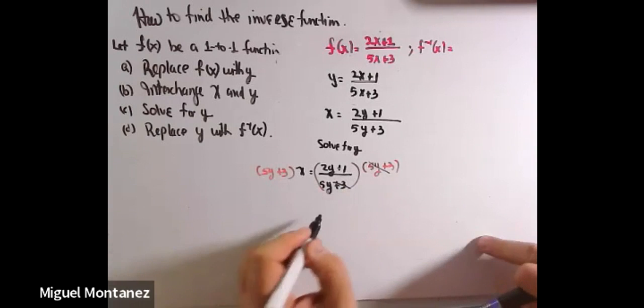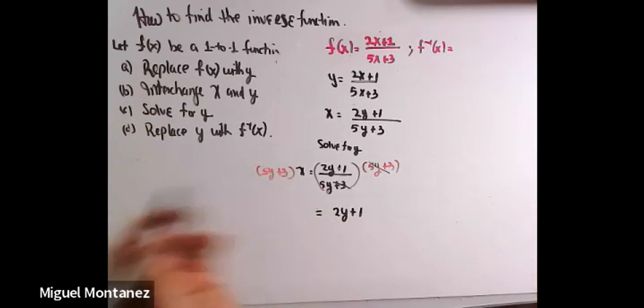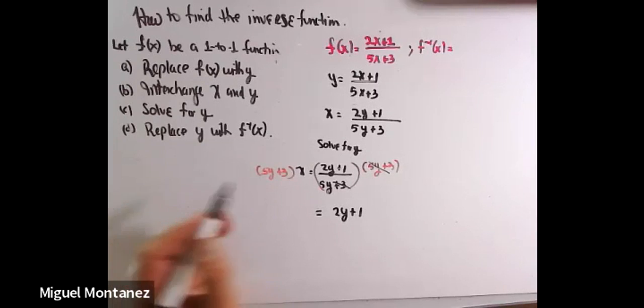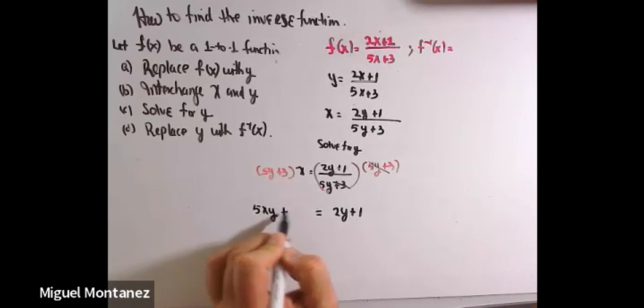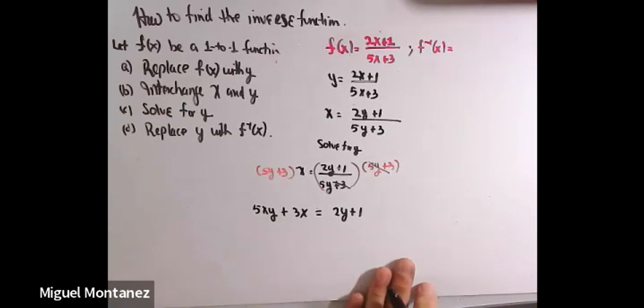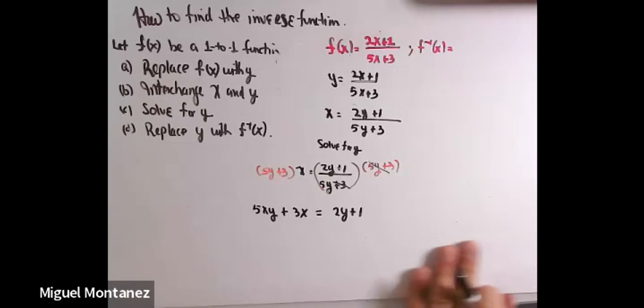Yeah, this over this, bye-bye. So we have 2y plus 1. And same old here, we need to distribute. It will be 5xy plus 3x. So now what do we have here?